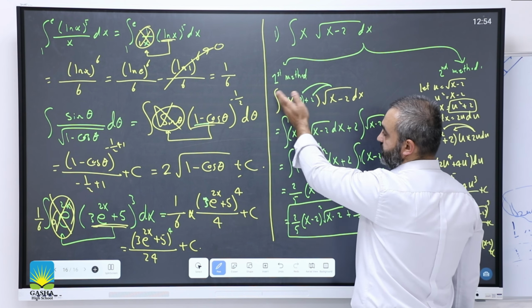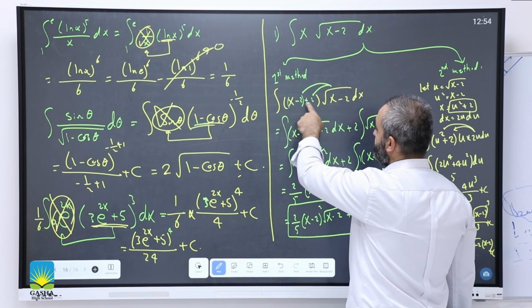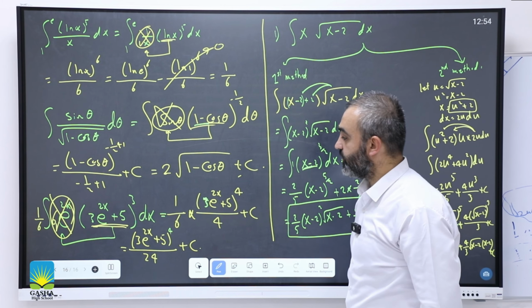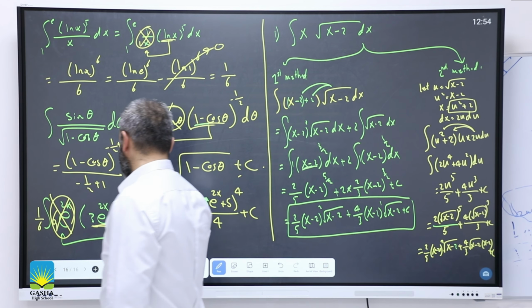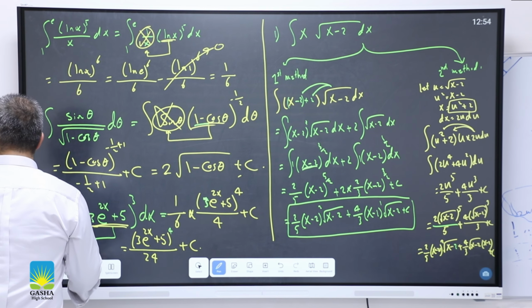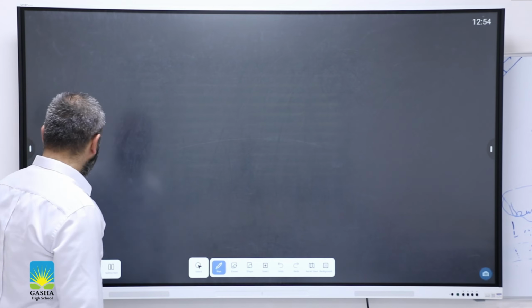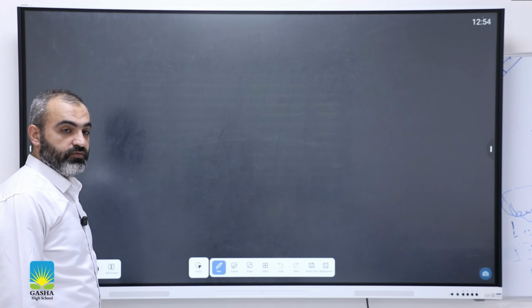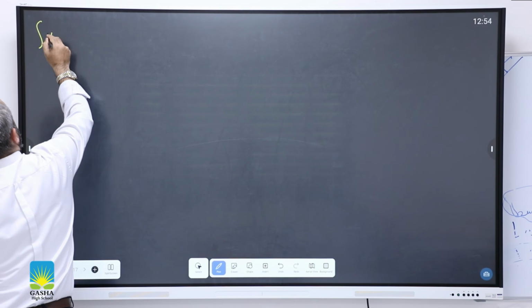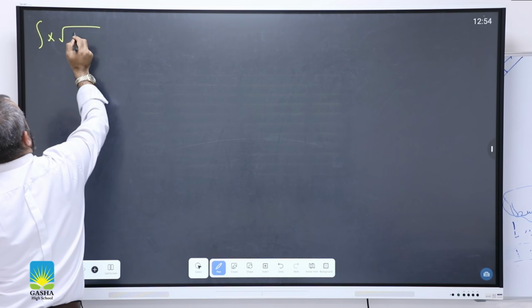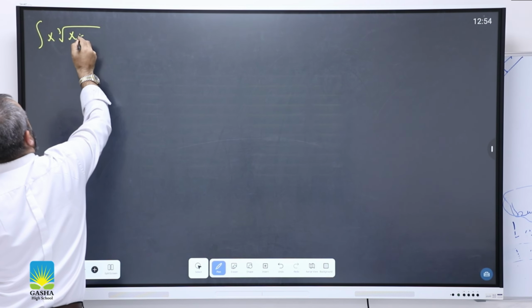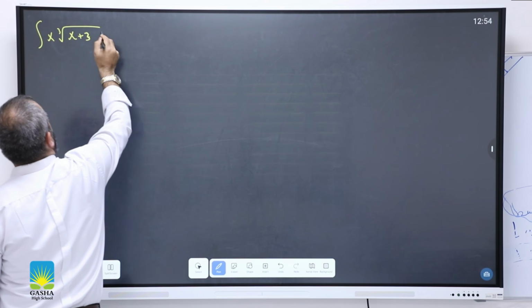We add and subtract a number inside the square root, right? So we go to another page of the substitution: the integral of x times the cubic root of x plus 3, dx.